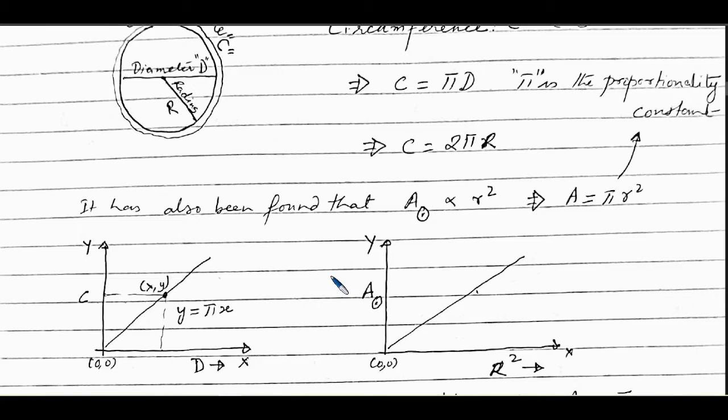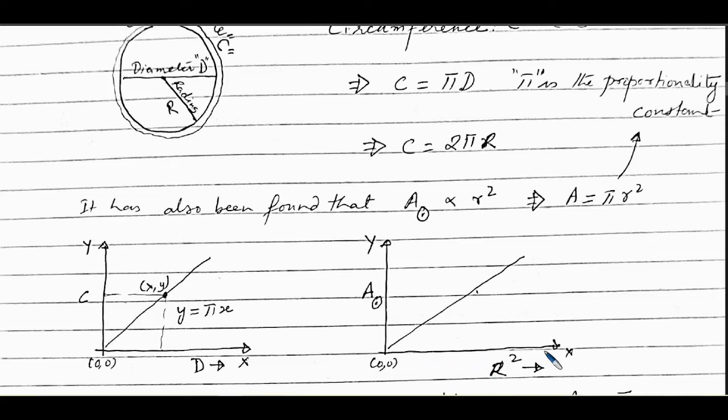Similarly, what you can do is you measure the area of the circle. I will show you how to measure the area of a circle. Suppose you measure it by these blocks, but I will show you some other method of measuring the area too. So suppose you make small blocks and measure the area, and you keep on increasing the diameter and use similar size blocks, and you plot here the area of a circle against r square.